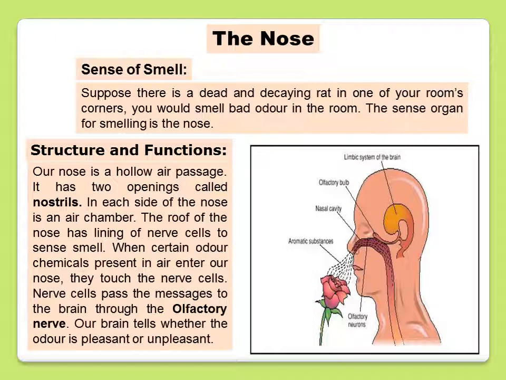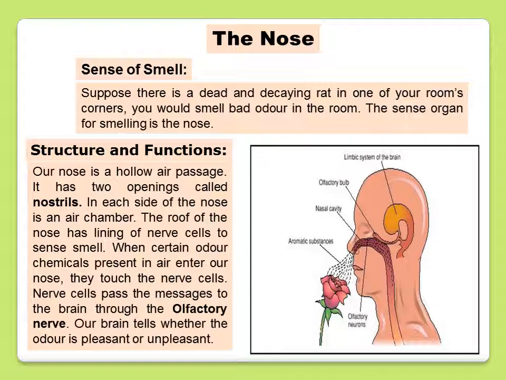Students, as you know that two senses are closely related to each other. One is the sense of smell and the other is the sense of taste. So the sense organs related to these two senses have been discussed at the end of this chapter. So first of all, we will discuss about the structure and function of the nose.